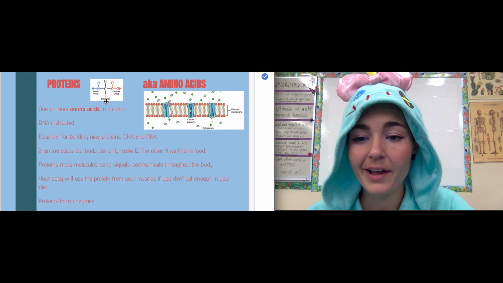Proteins move molecules, they send signals, they communicate throughout the body. Here is an example of that, the plasma membrane. So here's that phospholipid bilayer that we just learned about, that fats are really important for creating. And in the middle of the phospholipid bilayer, there are these protein channels.